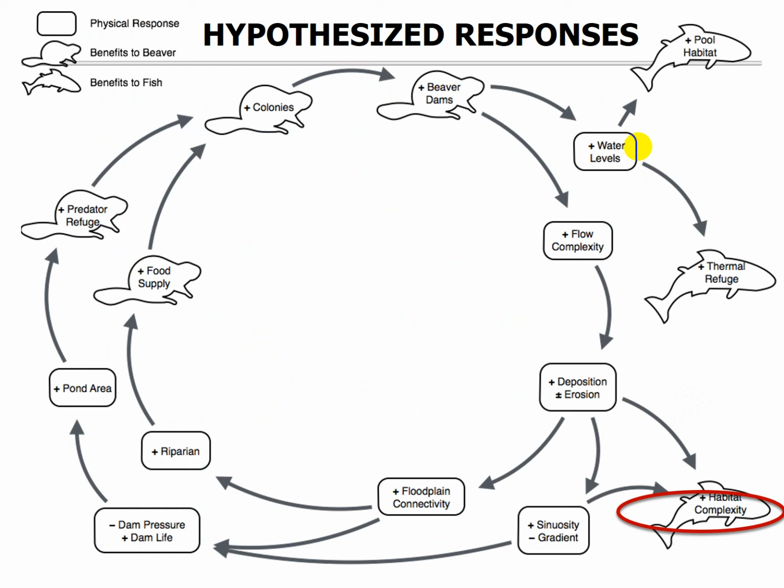This is from Nick's work on Bridge Creek, where the idea was that if we had more beaver dams, that would increase water levels, make more pool habitat for fish, increase the thermal refugia for fish, increase flow complexity, which would lead to deposition and erosion, leading to habitat complexity, increasing of sinuosity, gradient, increasing floodplain connectivity, increasing the riparian extent and ultimately the food supply for beaver, building resilience for those dams, increasing the ponded area, making more predator refugia for beaver, and ultimately making more beaver dam colonies.